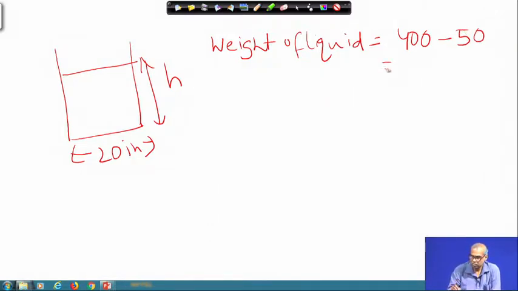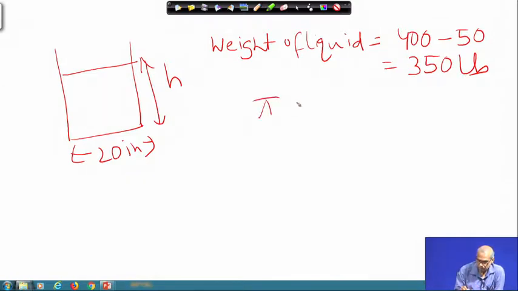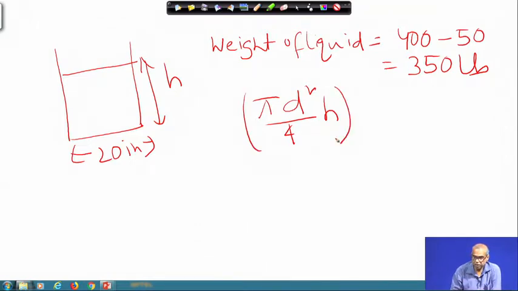So, this will become 350 pound. Now, the volume of the liquid in the tank, pi d square by 4 into H, multiplied by specific weight will be equal to 350 pound.